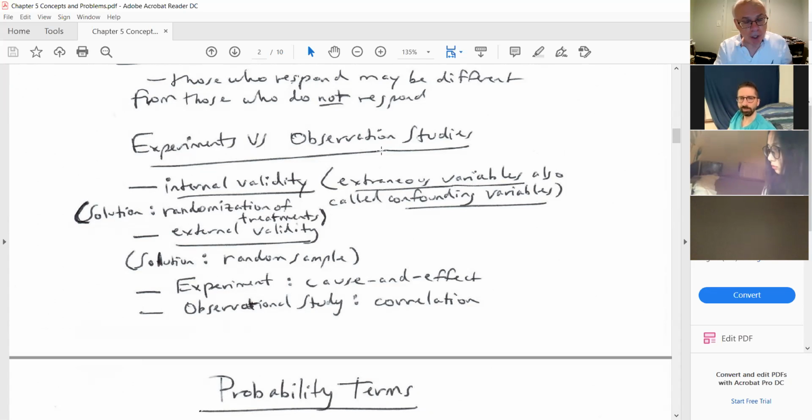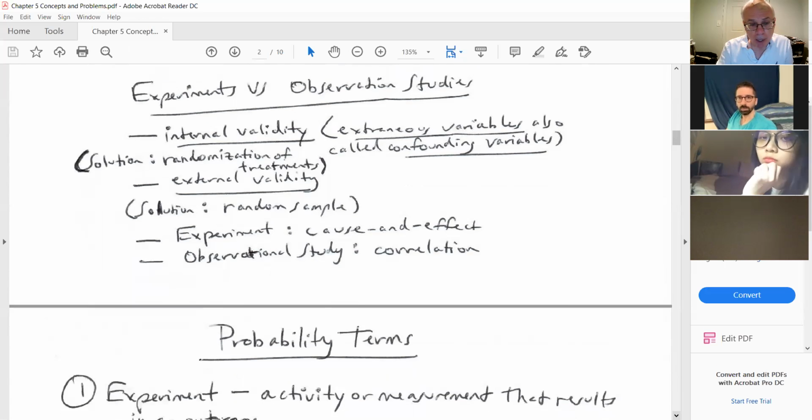For an observational study, because you're not controlling for other variables, there's no randomization occurring, then with the results you can talk about correlation between variables, but you can't necessarily talk about cause and effect. All that's explained in chapter 4. I hope you do read it.